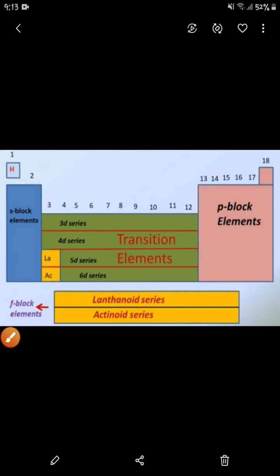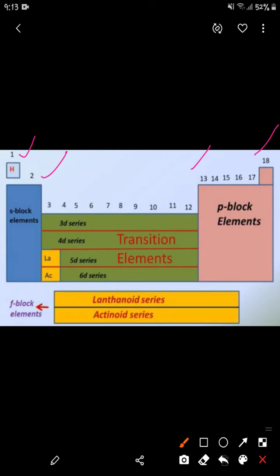Now the first two groups, group 1 and group 2, are s block elements, and then as you have studied in 11th and in your previous chapter, group 13 to group 18 are p block elements.